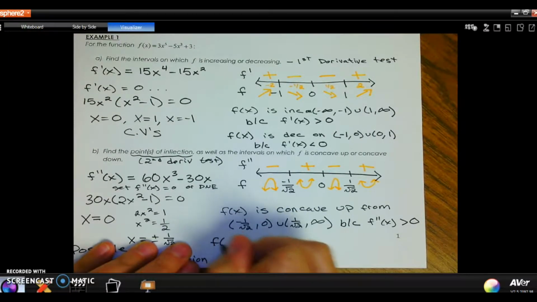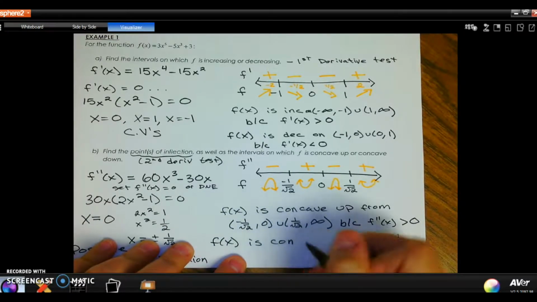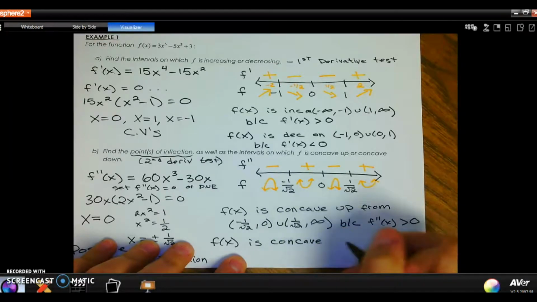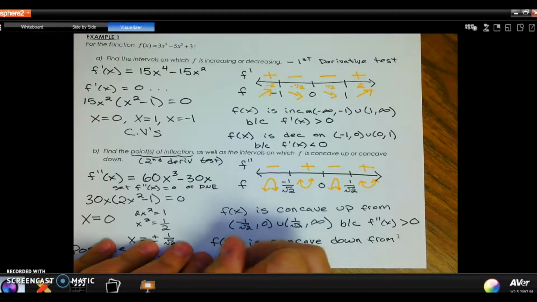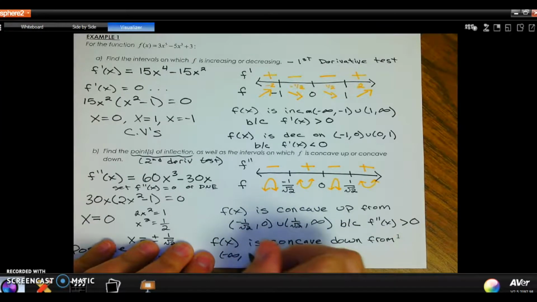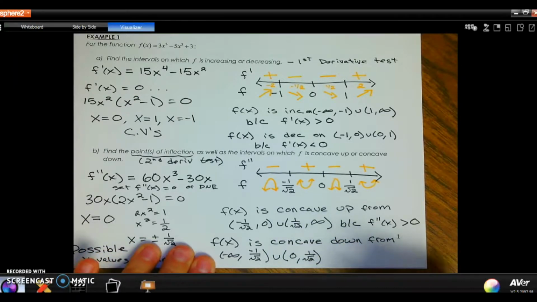And then we can say that the original is concave down from negative infinity until negative 1 over square root of 2, and then union from 0 to 1 over square root of 2 there.